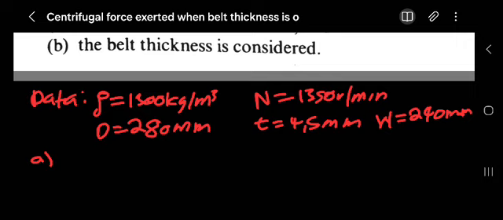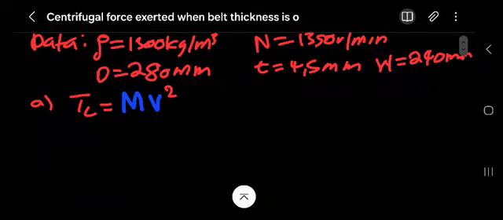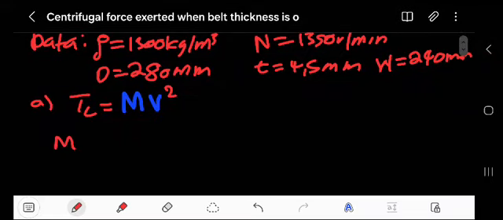We know that TC is equal to mass multiplied by velocity squared. So we need the mass first. You are not given the mass, so you are supposed to calculate it, and then the velocity. What is mass? Mass is volume multiplied by density.